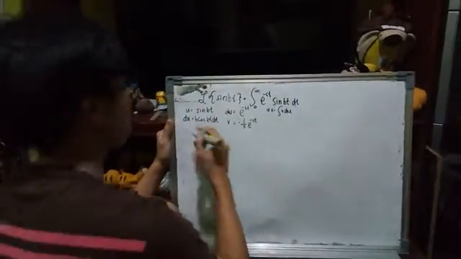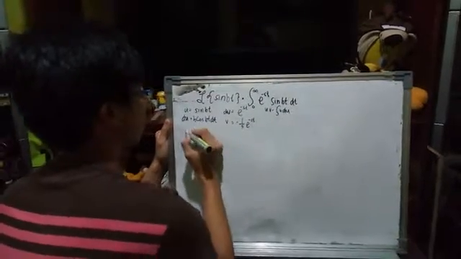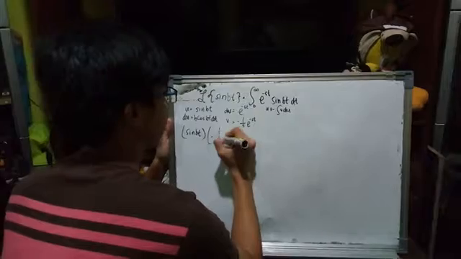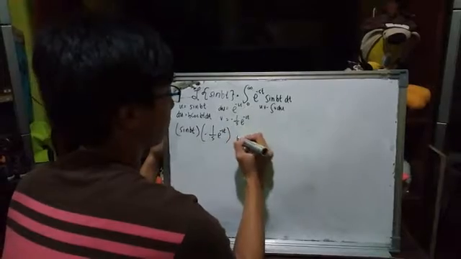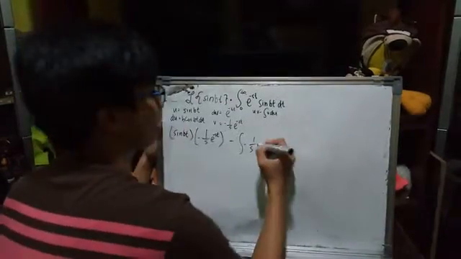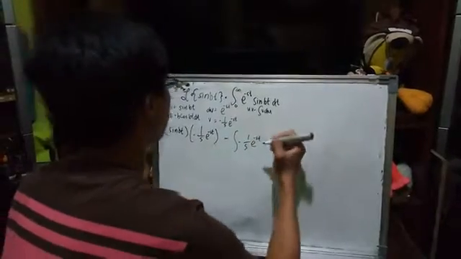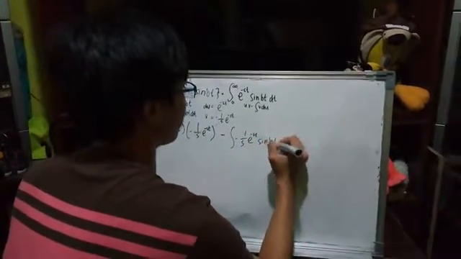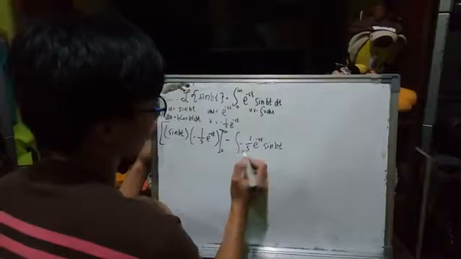So substitute: sine bt times v, which is negative 1 over s times e raised to negative st, minus the integration of negative 1 over s times e raised to negative st times our du, which is b cosine bt dt. This has limits from 0 to infinity.